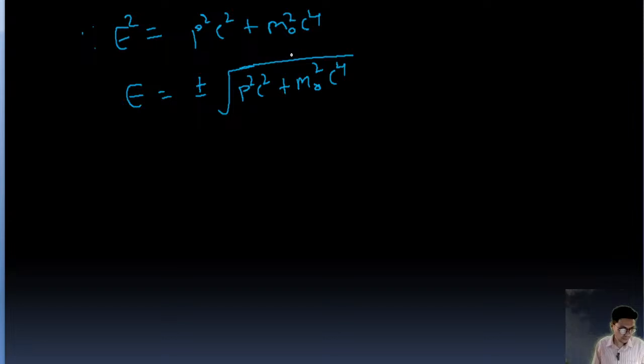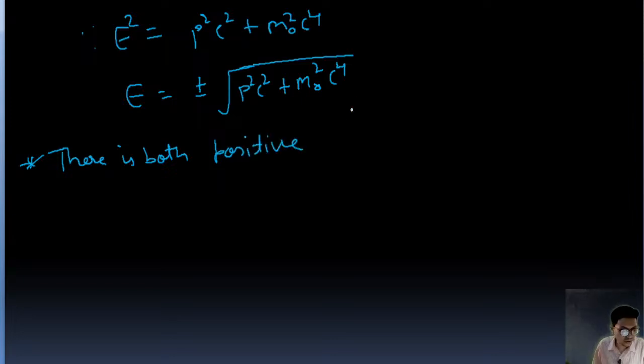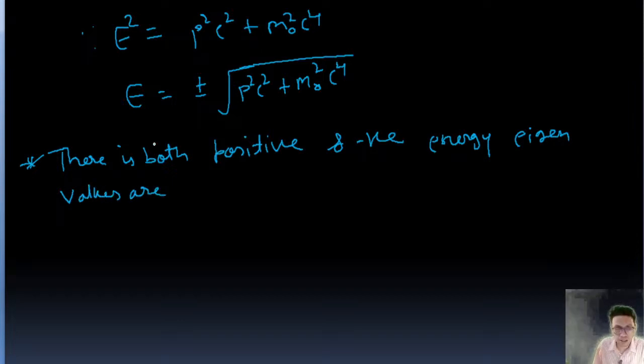So there are both positive and negative energy eigenvalues possible, because E equals plus minus root of p square c square plus m naught square c to the power 4.